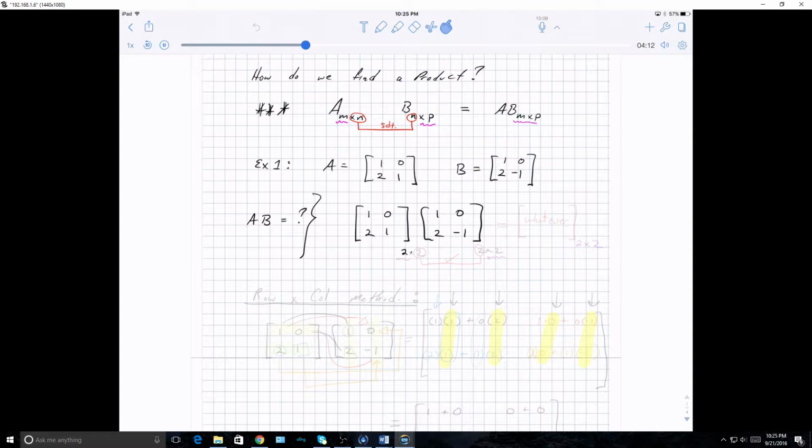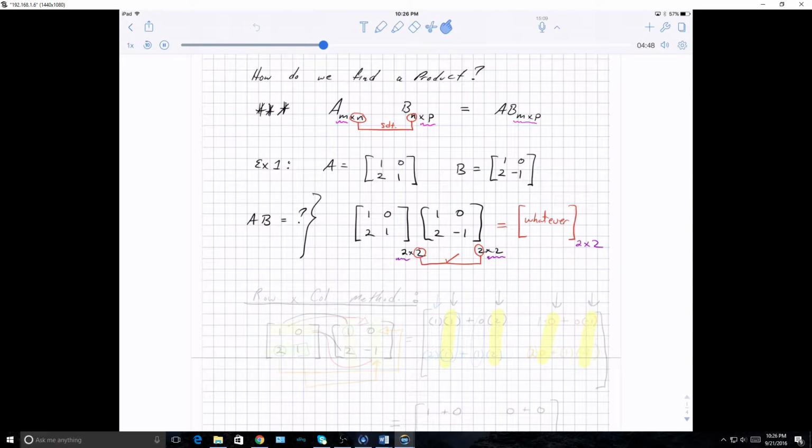The first one's dimensions are 2 by 2, and as we said before, they're all 2 by 2. So does this number match this number? Yep. So it can be done, and the answer that we're going to get will have to be whatever is remaining over, the 2 by 2.